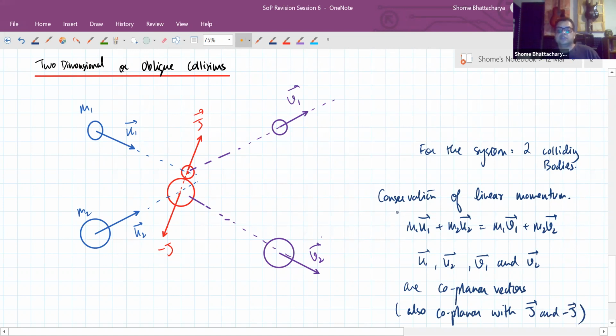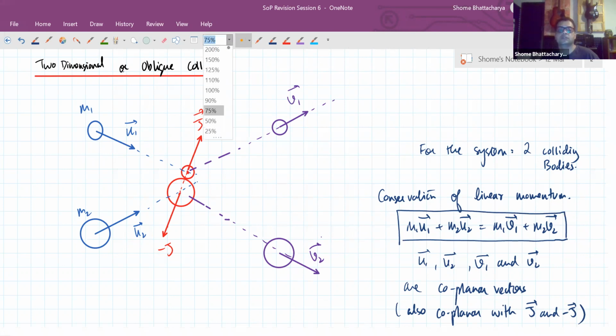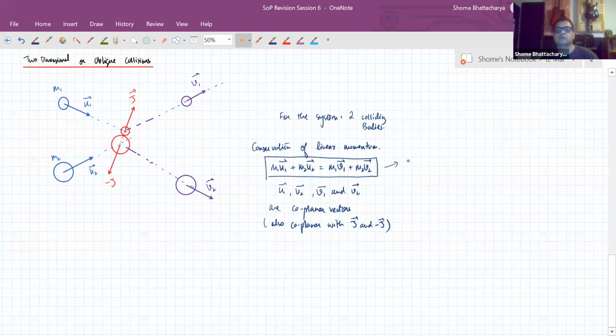So this equation in turn will generate two component equations. So from this we'll resolve this into two components. So on resolution, we get two component equations.